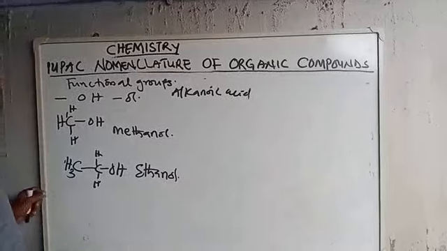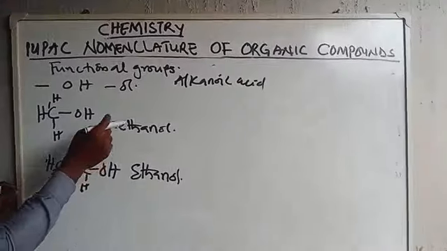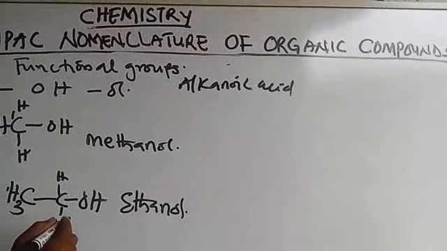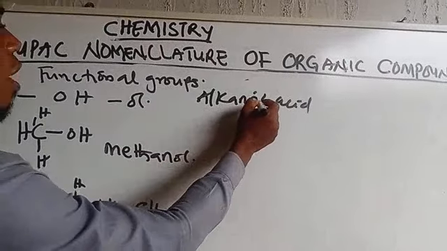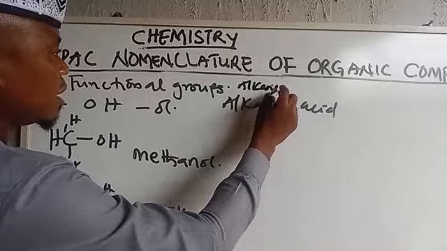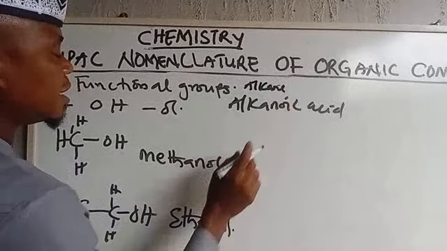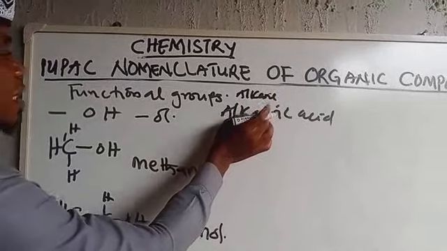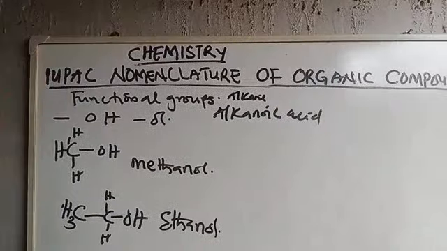In naming alkanoic acid, you replace the E in the alkanes with what? Oic, O-I-C. So it's just like alkane, you replace the E here with oic to call it an alkanoic acid.